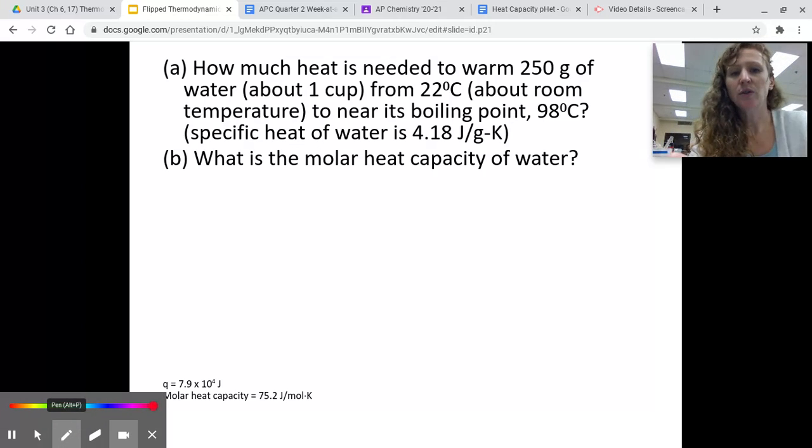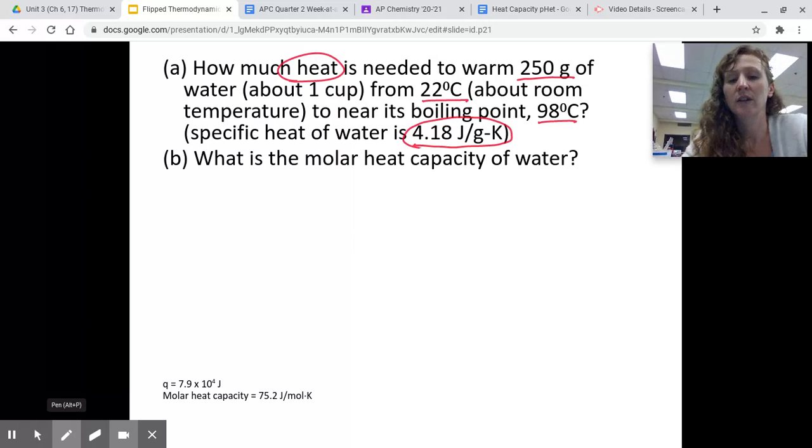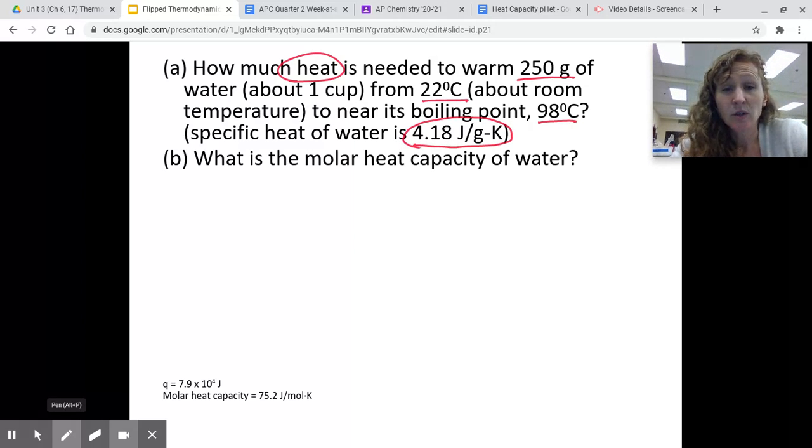All right, so they're asking for how much heat is needed. They want you to warm 250 grams of water from 22 degrees Celsius to 98 degrees Celsius, and they give you the specific heat capacity of water. So you can do this one of two ways.